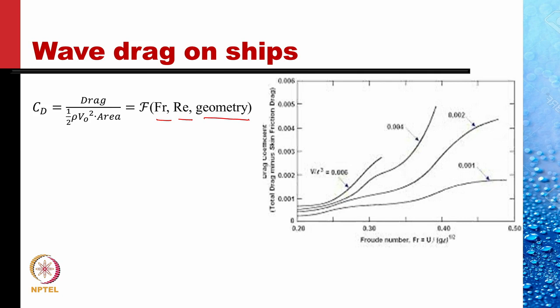Here we have drag coefficients. On this side is Froude number, and these various curves are for various geometry. Geometry is measured by the displaced volume divided by the length cubed, and the length here is the draft of the ship. So the wave drag changes with Froude number and also with the geometry.